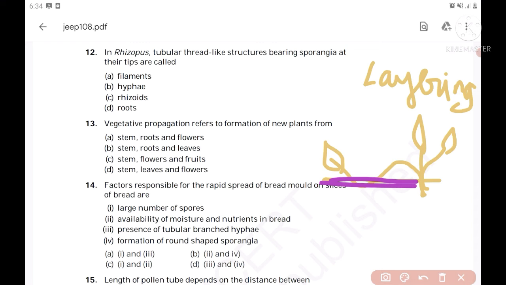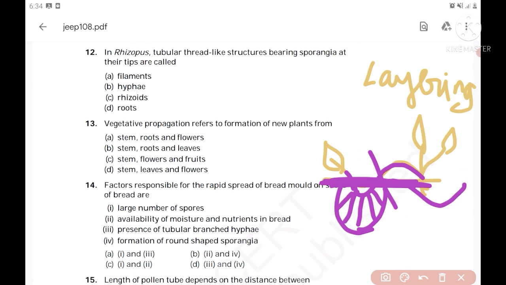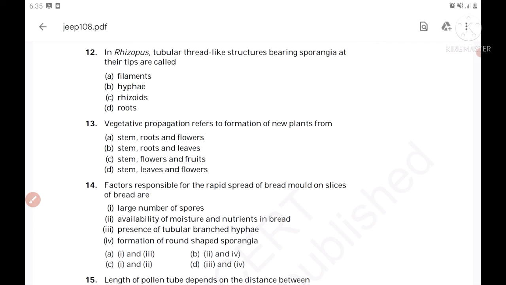The stem which is buried, inside the soil, will start developing roots. After it develops roots, it is detached from the parent plant. So this is the process of layering. Examples can be jasmine, rose and lemon. So layering is easy.